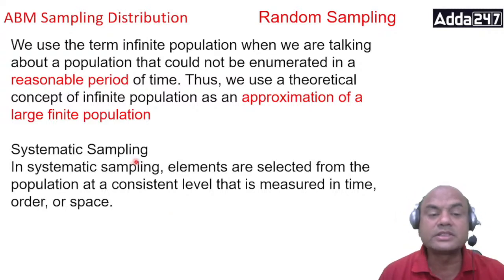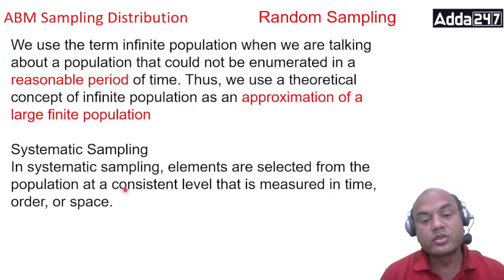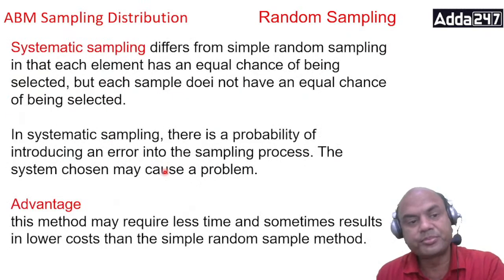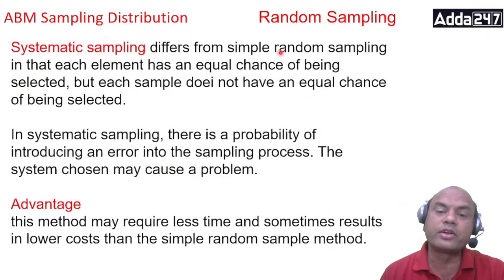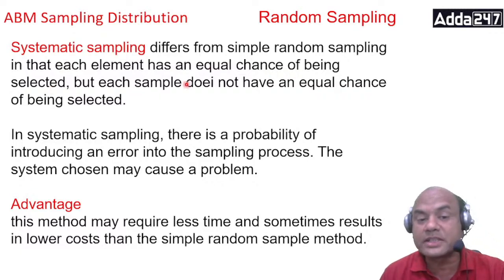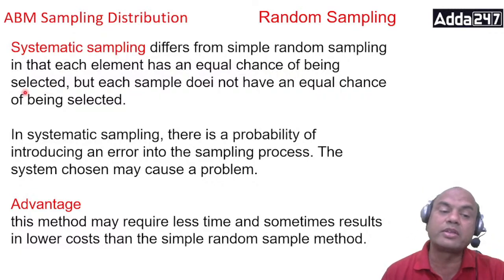That's known as systematic sampling. Systematic sampling differs from simple random sampling in that each element has an equal chance of being selected, but each sample does not have an equal chance of being selected.